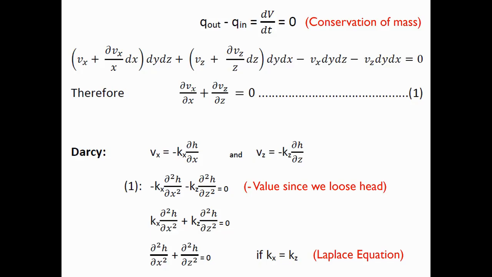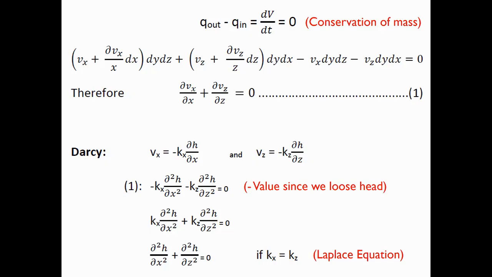In the conservation of mass theory, the flow rate out of the soil sample minus the flow rate in must be 0, because it's the change in volume over the change in time. It's a long mathematical expression which you can derive down to the next statement, statement 1, which says if you count the X and the Z together, you should get 0, conservation of mass.